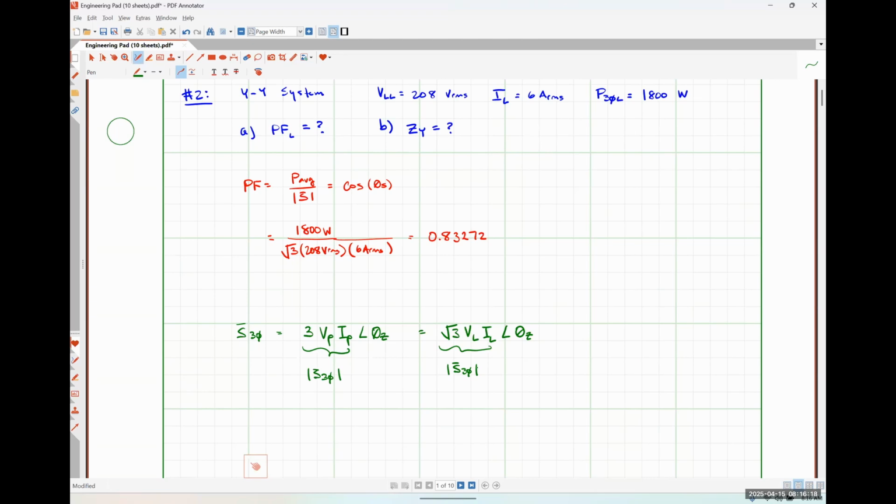And so what I'm trying to suss out now, based on the information that we were provided, is whether this power factor is a leading quantity or a lagging quantity. Now, so what's positive?